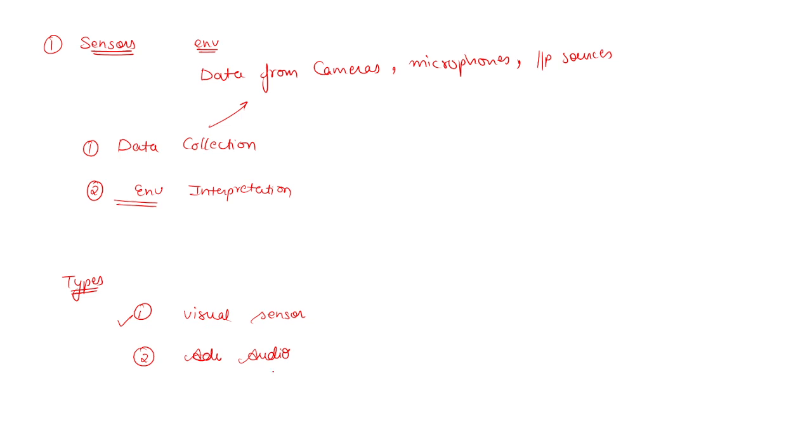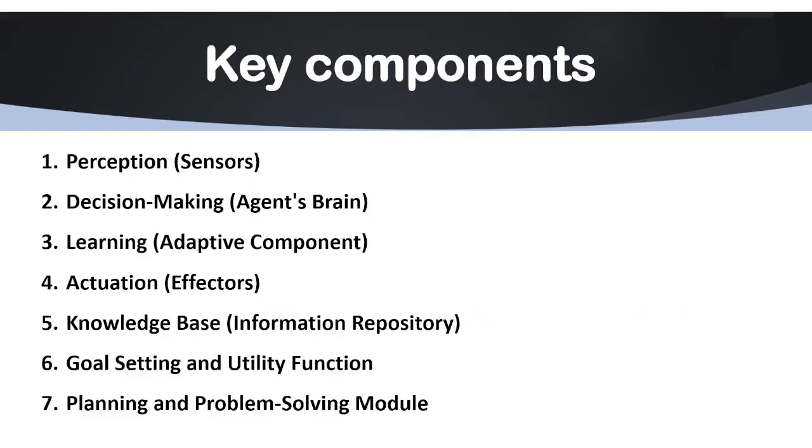It can capture sound which can be analyzed for speech recognition and environmental sound, as in digital assistants. Another type of sensors includes temperature, humidity, and pressure sensors. All right, so this was the first key component, that is perception or sensors.